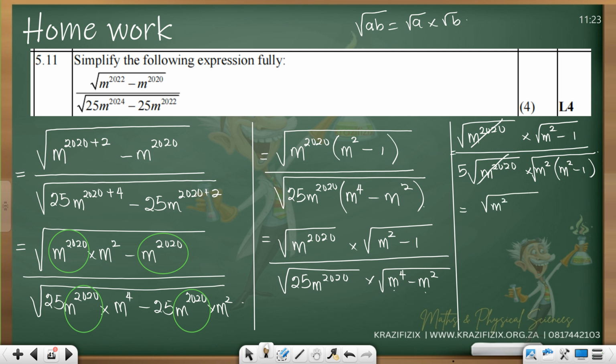Root of m squared minus 1. We are left with a 5. Oh, this can also be broken down. m squared, root of m squared minus 1. What do we have? 1 over 5. What is the root of m squared? m. Interesting.